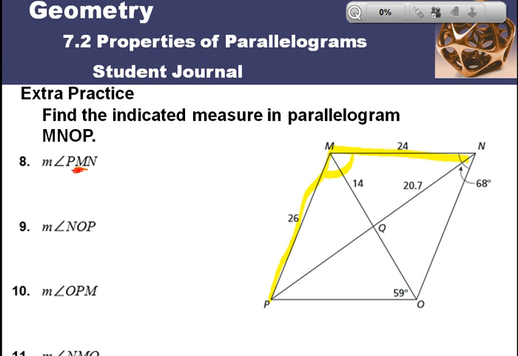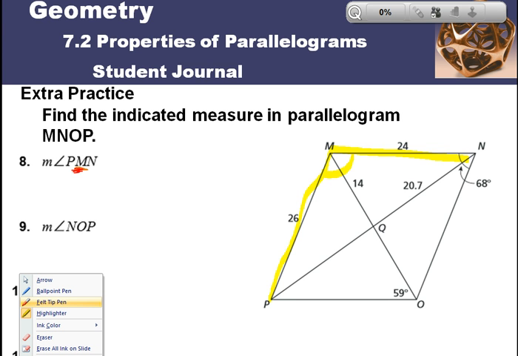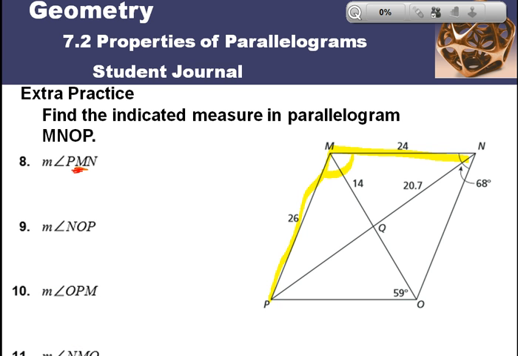Okay, so we have to find that big angle M right there. And let's switch back to not a highlighter, but a pen. And we'll go with red. So PMN is going to equal this angle right here. The problem is we only know this little part of that angle right here.